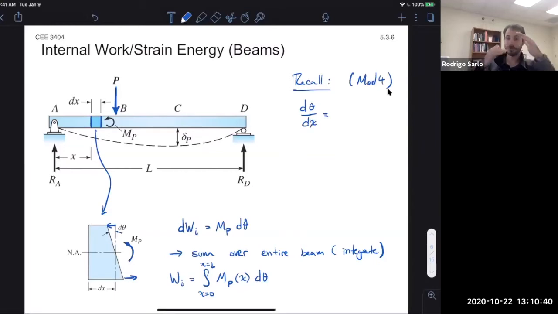When I was going through the relationship between shear, moment, angle, and deflection, I defined the derivative of the angle as the moment over EI, right? So that's one of the fundamental relationships here. So slope of the angle is equal to the moment over EI. Slope of the angle, does that make sense?